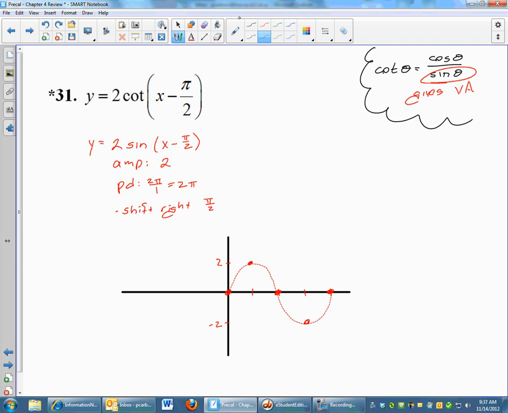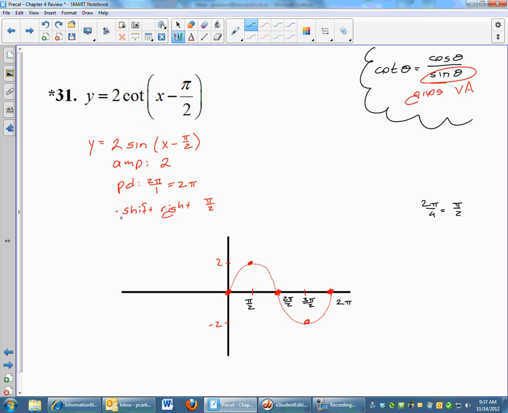There we go. And my period for my sine graph is 2 pi. And if you do 2 pi divided by 4, you get pi over 2, which tells you how much to count by for each interval. So 1 pi over 2. If I go another pi over 2, this is 2 pi over 2. This one's 3 pi over 2. And that's 4 pi over 2, which is 2 pi.